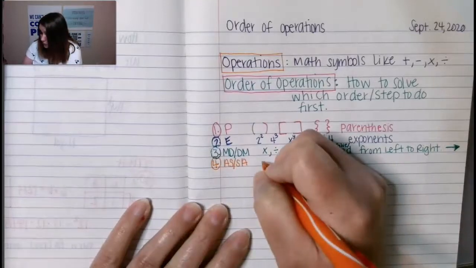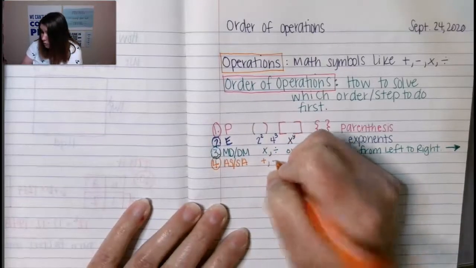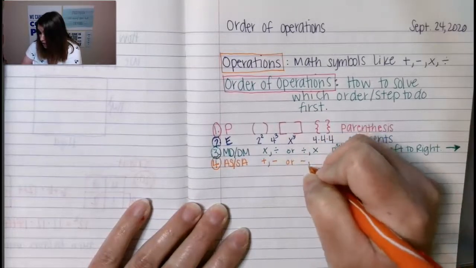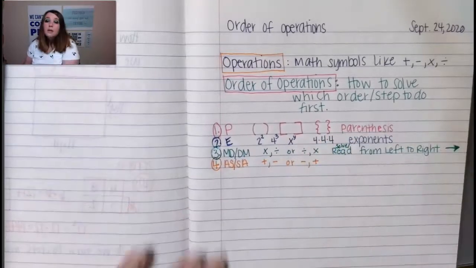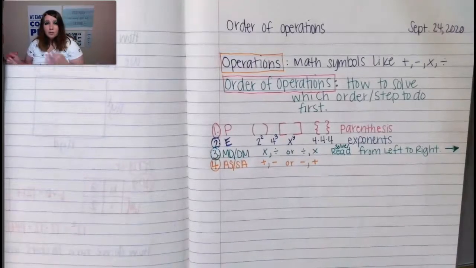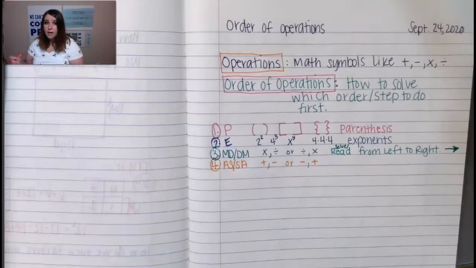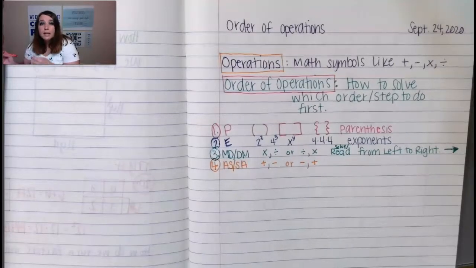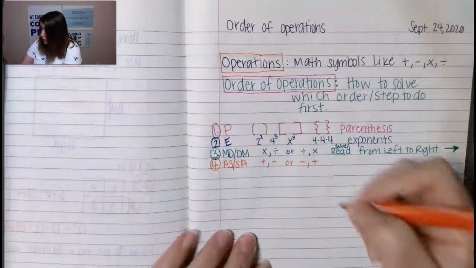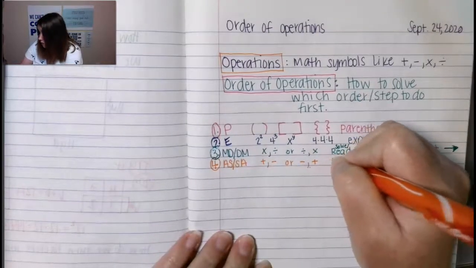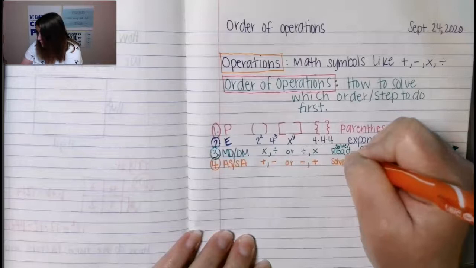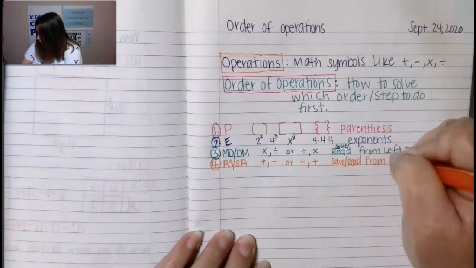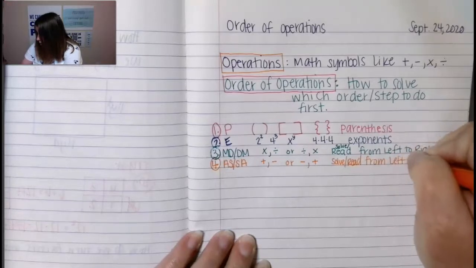So we can do adding or subtracting, or we could start with subtraction and end with addition. It doesn't matter because we're going to read and solve from left to right. So whichever comes first in the number sentence, that's the one we do first. So we are going to solve and read from left to right.